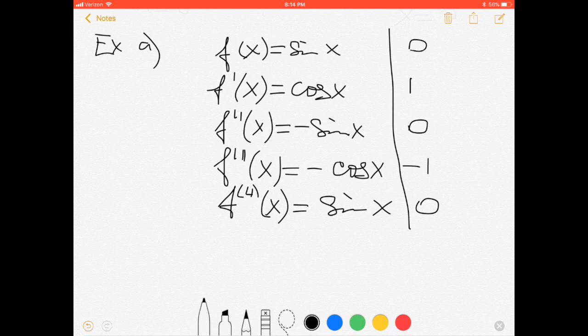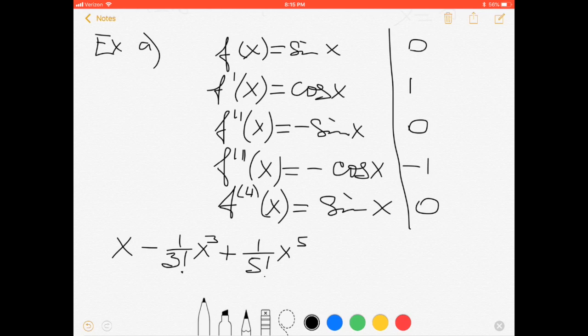It will be x, because the first derivative is 1. Then the third derivative is non-zero, so I have minus 1 over 3 factorial x to the third. Then as next non-zero, it will be the fifth derivative: plus 1 over 5 factorial x to the fifth degree.